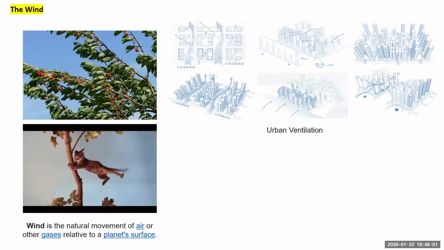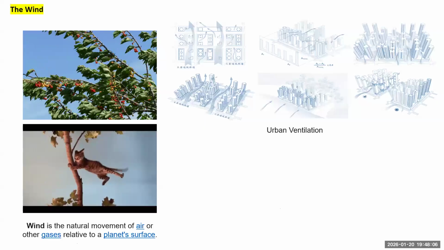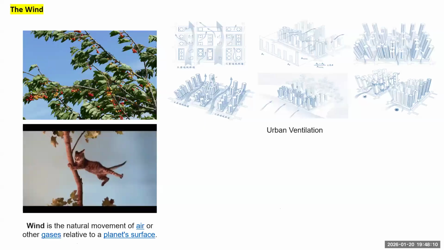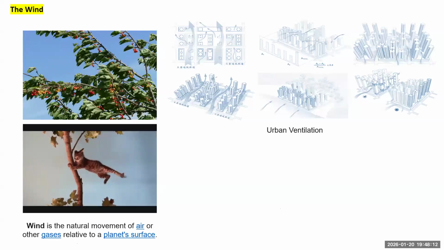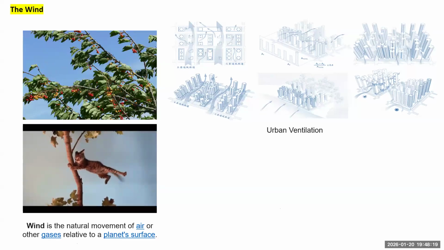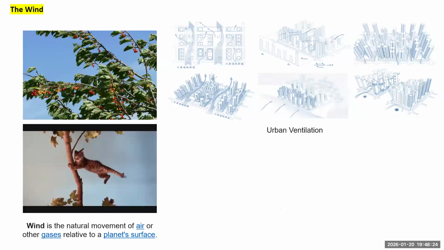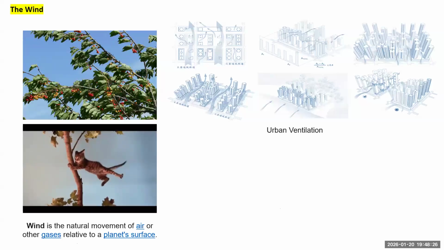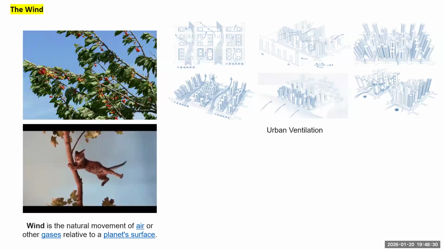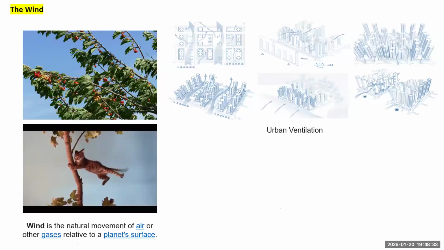Should we talk about wall effect? If you are a design urban planner, you know this well. The prevailing wind lets the air movement remove the heat and the pollutants. So urban ventilation is a very good way to cool down our buildings and our cities, because when there is wind, convection heat transfer is always dominant.